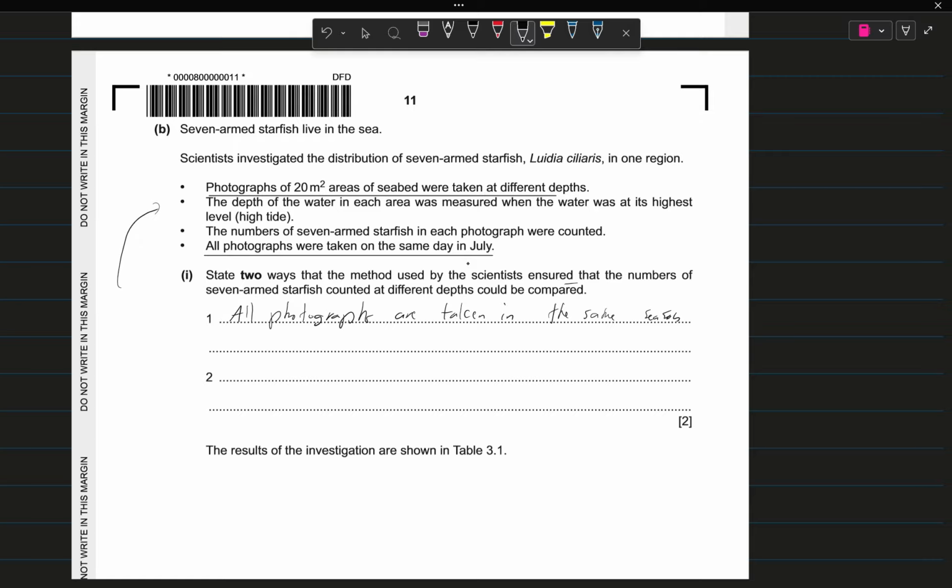So the area of photograph, which was 20 meters squared, was standardized.